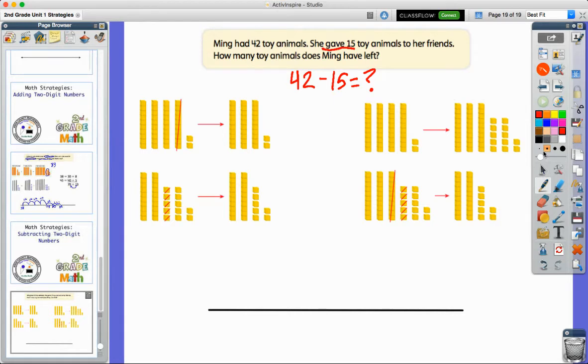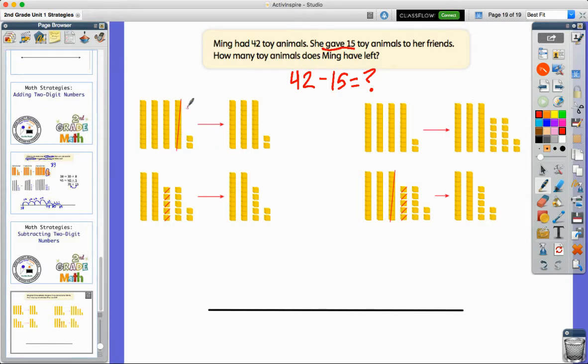Now, the book uses our base 10 blocks again, but uses them in two different ways. There's two different steps or processes you can take to use your base 10 blocks to subtract. So let's look at the one over here on the left first. We start off with our number of toy animals that Ming has in the beginning, 42. So we count it, we have 10, 20, 30, 40, and then our 2 ones. So 42.